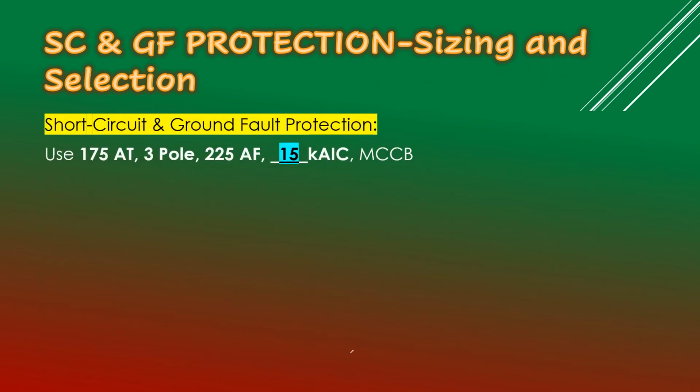So therefore, for short circuit and ground fault protection, we have to use 175 ampere trip, 3-pole, 225 ampere frame, 15 kAIC MCCB.